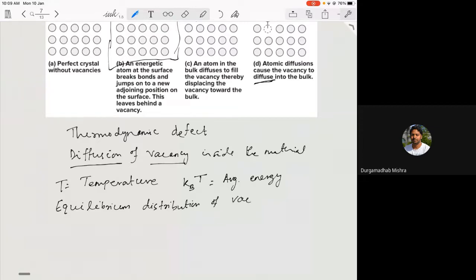So it is not like all the atomic positions will become irregular or displaced. All the atoms will not be displaced from their position, but some of the atoms will be displaced from their regular position. And this number, NV, we call it NV, or number of vacancy per unit volume.